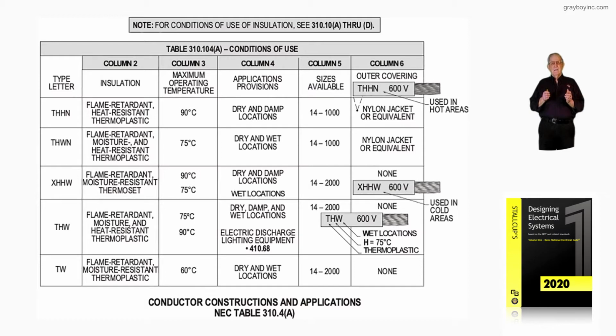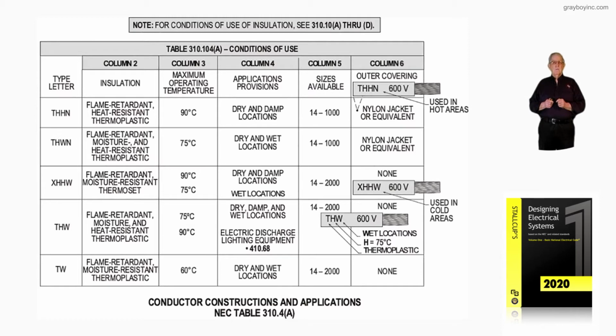But if they did not need that information, then the designer, installer, or inspector could just go to 310.6 and 310.10 in the NEC, and this information for using the insulation in certain areas is illustrated in how we would color code or identify those conductors.